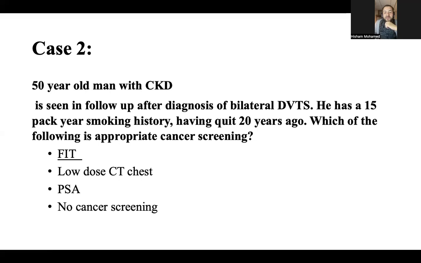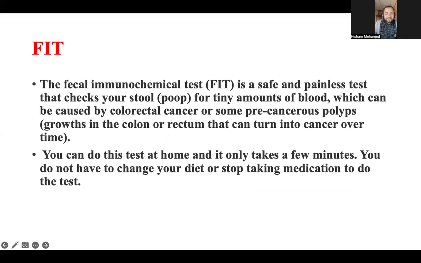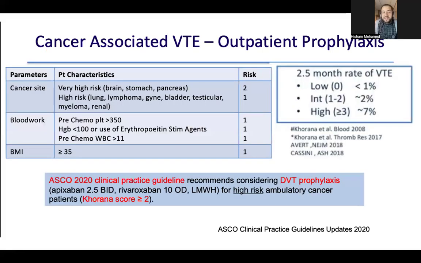In this case, we have a patient with chronic kidney disease, and we have bilateral DVTs. So as you see here, the right choice here is FIT. Let's go first for cancer associated VTE, mostly in Canadian guidelines.